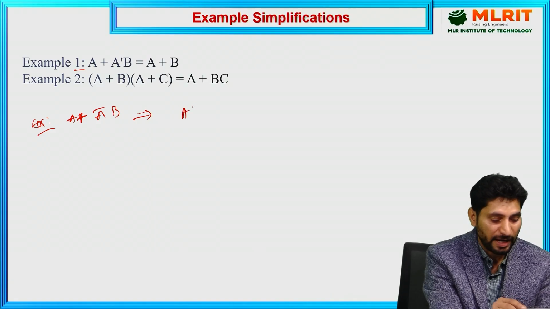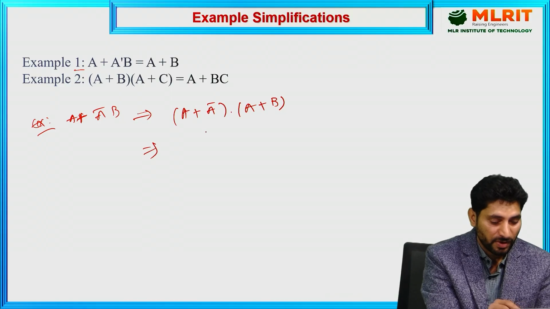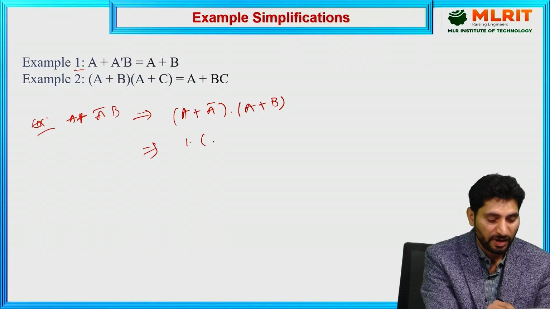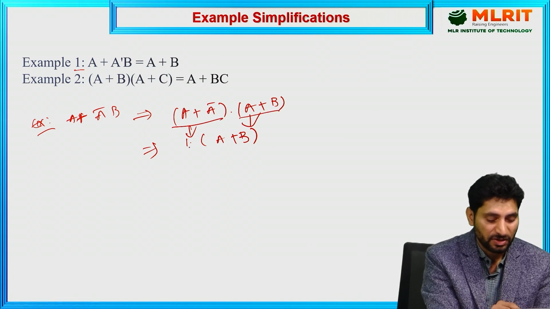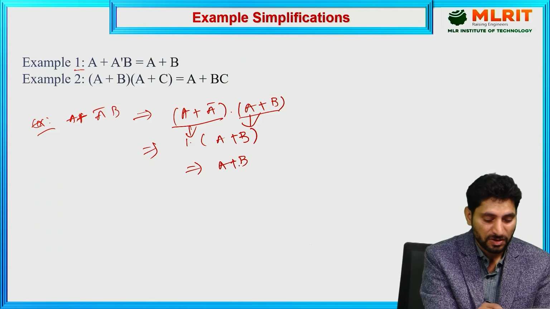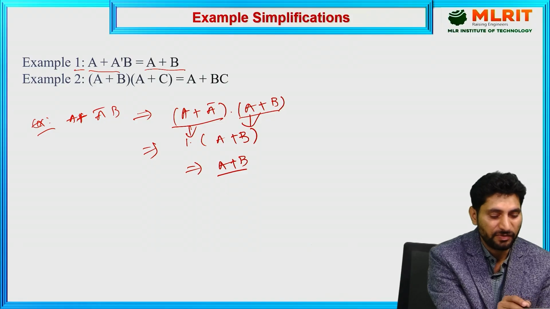A plus A bar dot A plus B. So here A plus A bar is 1, as we have seen in previous one, and A plus B. So now this term will become 1 and this is as it is. So 1 dot A plus B is nothing but A plus B. So here we have minimized this expression and we got A plus B finally.